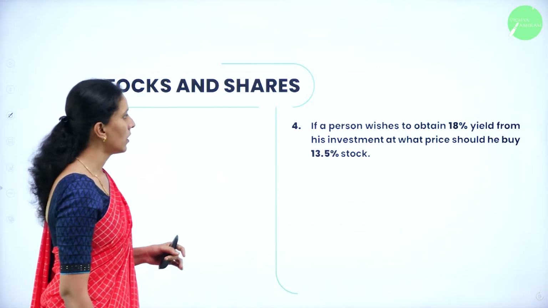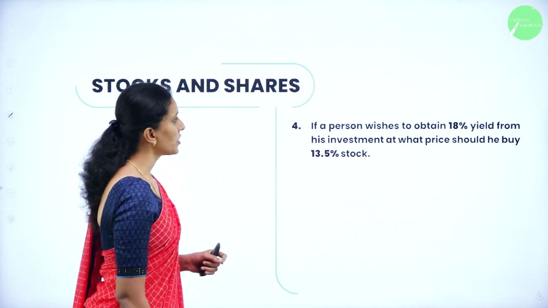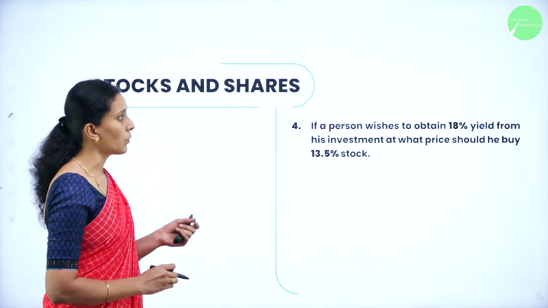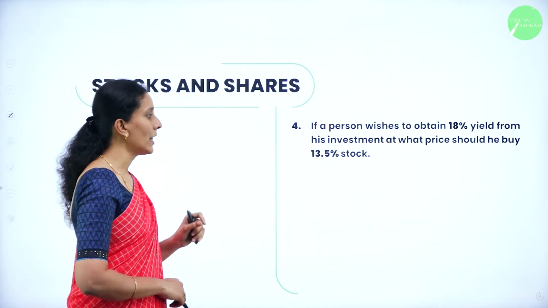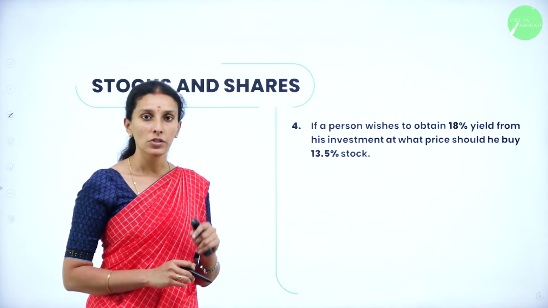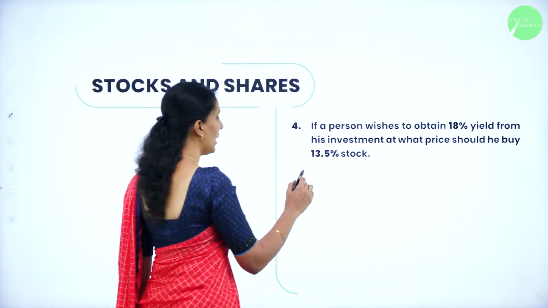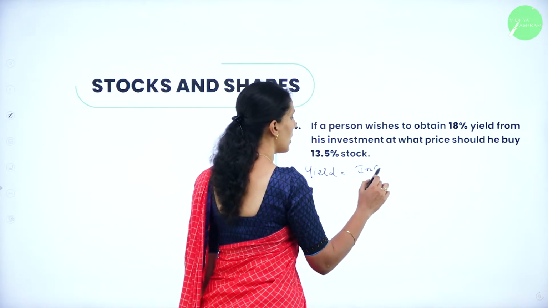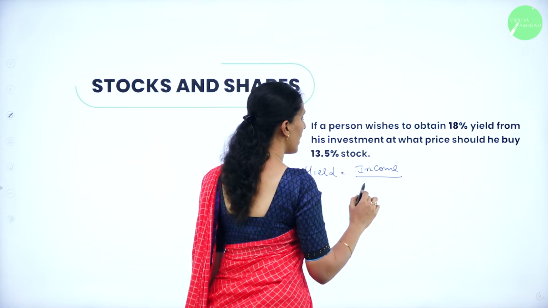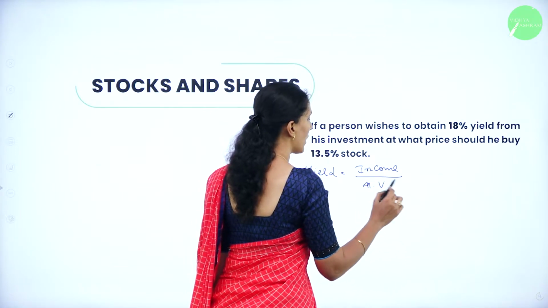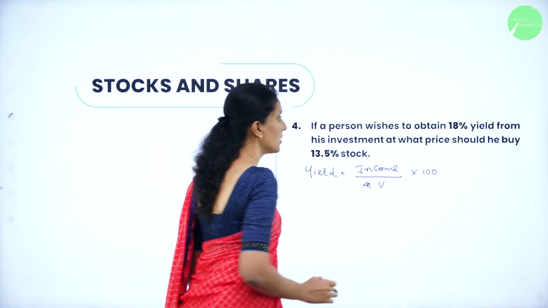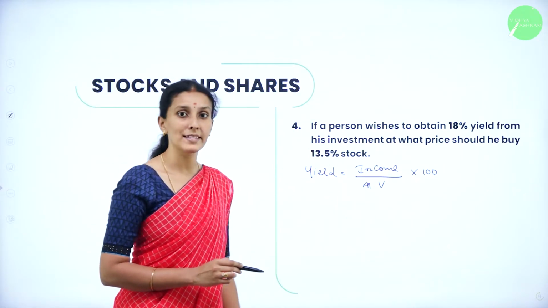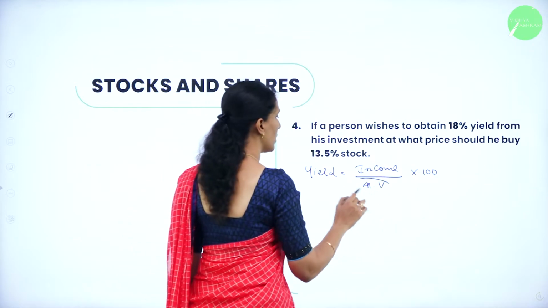Next question. If a person wishes to obtain 18% yield from his investment, at what price should he buy 13.5% stock? So we know the formula, that is yield is equal to income divided by amount, or whatever you call market value, into 100. So here market value is nothing but the investment. So we can also replace the market value by amount here.